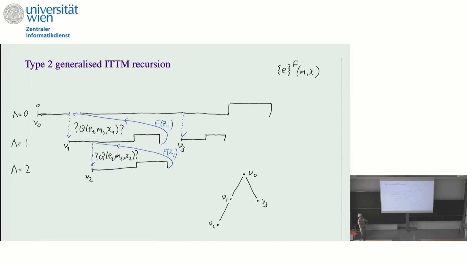So, as was just asked here, it may query down here, and of course this computation may itself issue a query in the same way. And it queries, does the program E2 on input M2, X2 stabilize, and if so, if it stabilizes to Z2, f of Z2 is then returned up here.